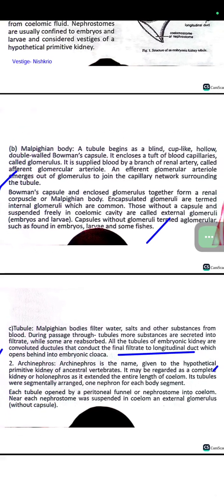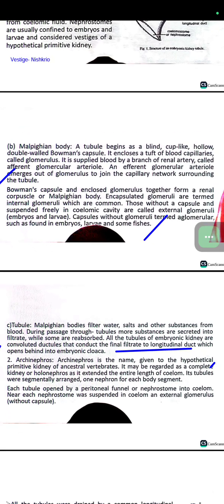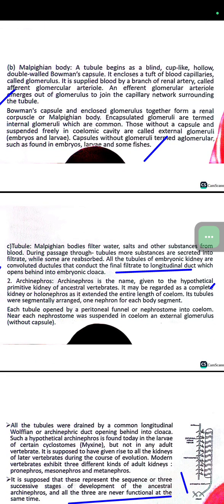In the coelomic cavity, those without a capsule hanging freely are external, and those within the Bowman's capsule are internal glomeruli.